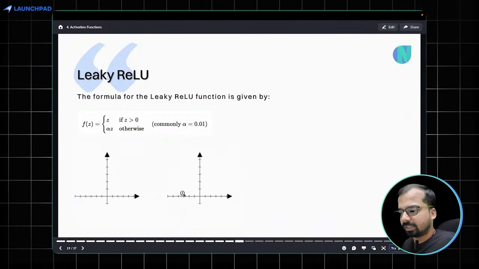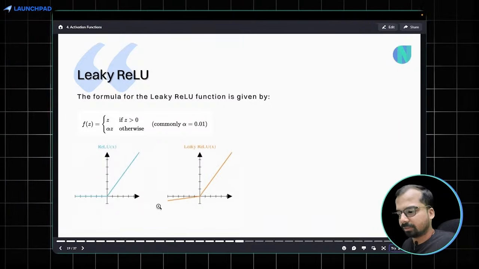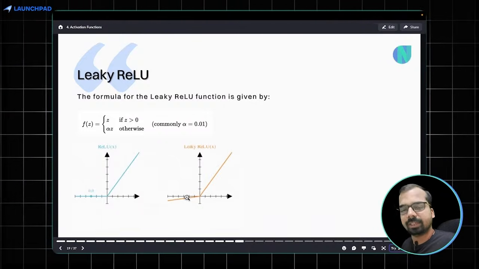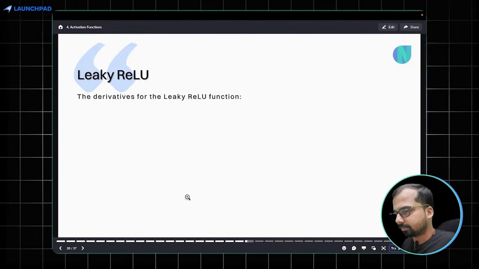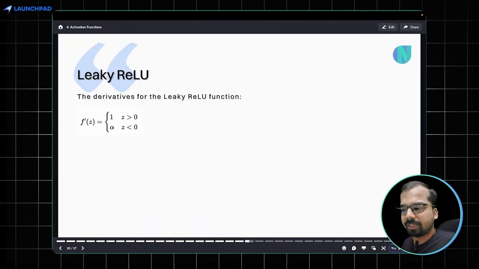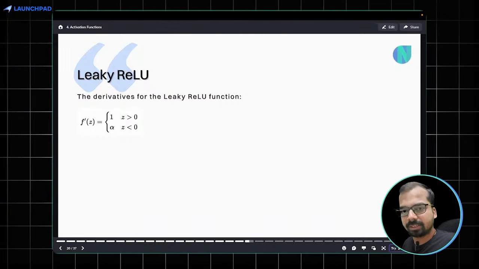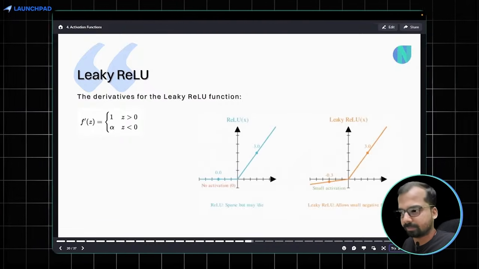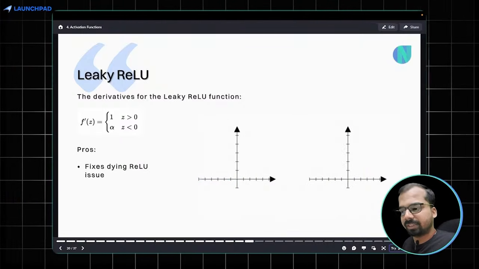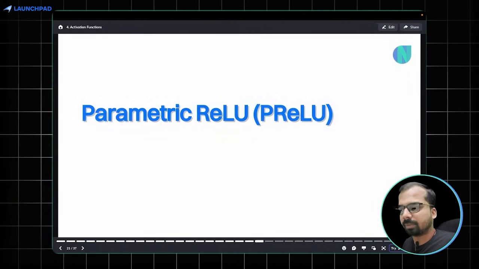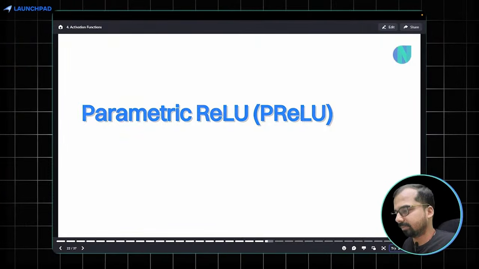So there is still some small activation that happens in leaky ReLU. The derivative of leaky ReLU is also quite straightforward. It is either 1 if z is greater than 0, otherwise it is alpha. It fixes the dying ReLU issue.